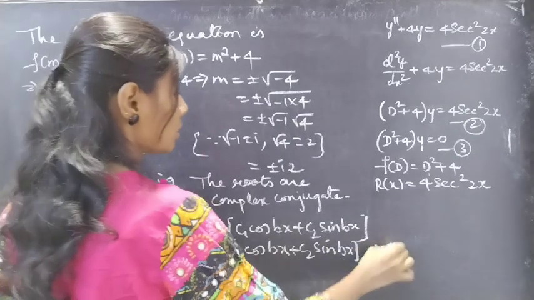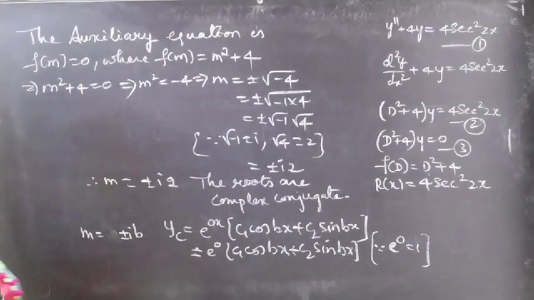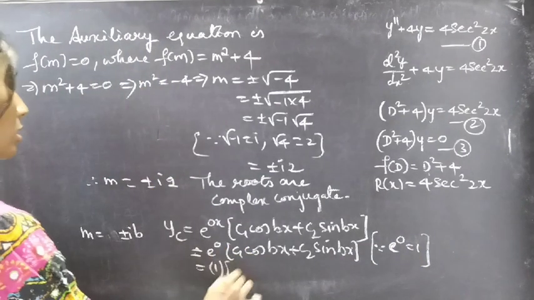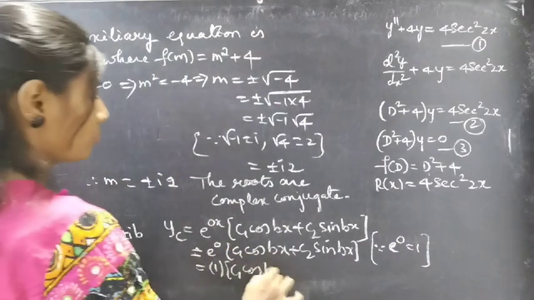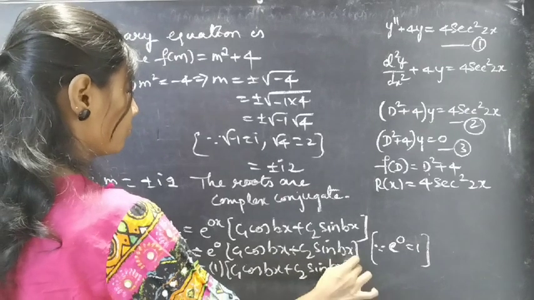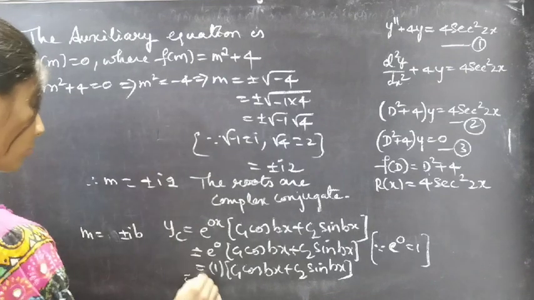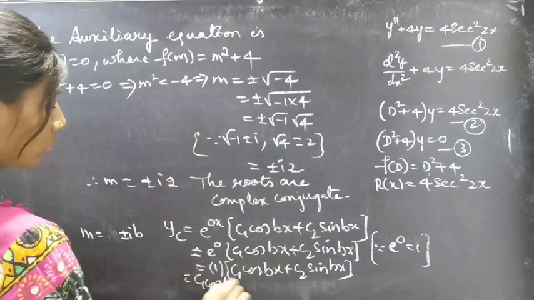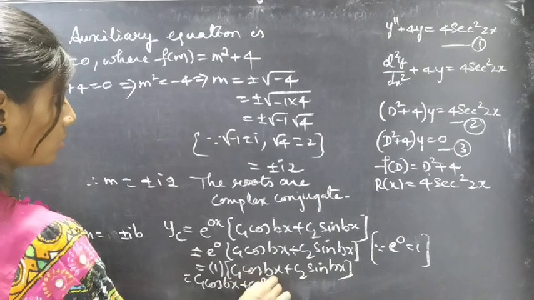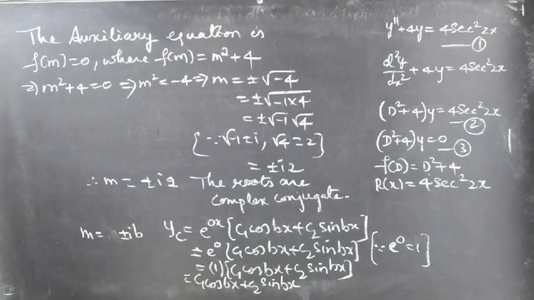Since we know that e power 0 is 1, we'll get 1 into c1 cos bx plus c2 sin bx, just c1 cos bx plus c2 sin bx. Let's now write our complementary function using this formula.